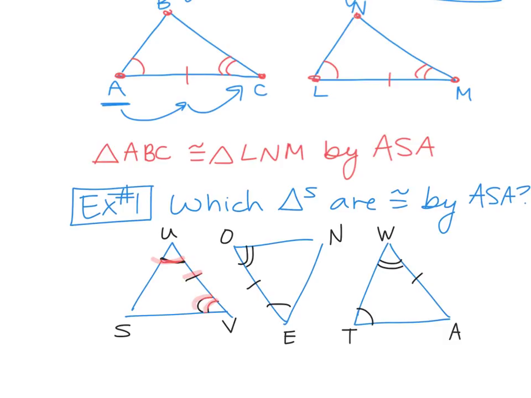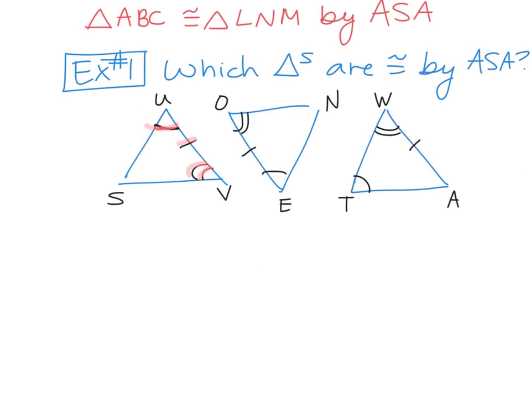That's ASA. When you look at the second triangle, do you see ASA? Yes. You have the angle, the side, the angle. When you look at the third triangle, do you see ASA? No. No, because if it were going to be ASA, you would need angle, this side, and the angle, right? So this one is not ASA.